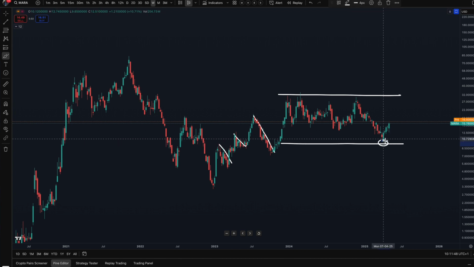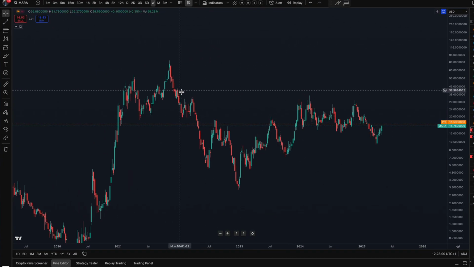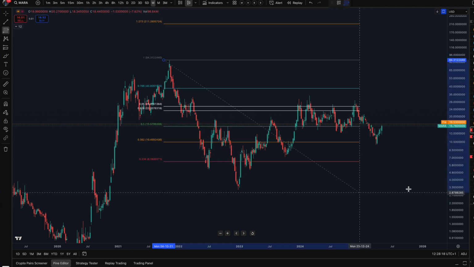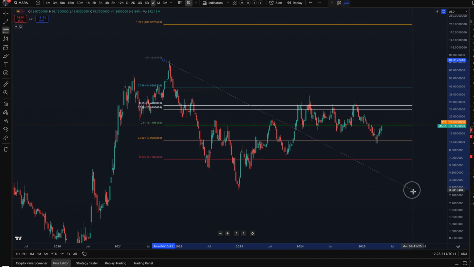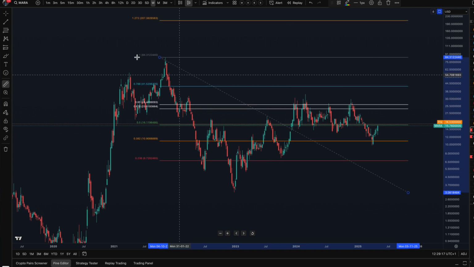And if the Bitcoin miners perform as we would expect them to perform, then we could well be in a very big move here. And of course, there are no guarantees or certainties. And if Bitcoin performs as we would expect it to perform, as we've seen earlier in the program, in terms of its potential end targets, if we had a look at similar targets for Marathon Digital Holdings from its previous high at $83 down to $3.11, where it bottomed out at the end of the bear market, then the potential that we can see just to get back to its previous high at the end of 2021, from where it is currently, it closed on Friday at $15.76.